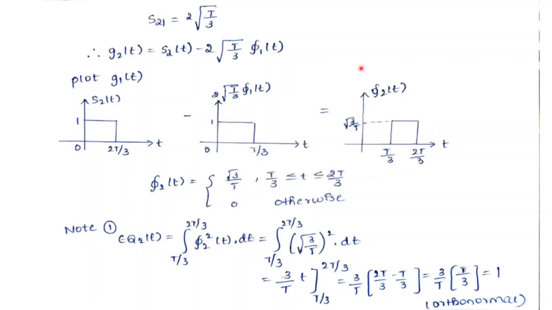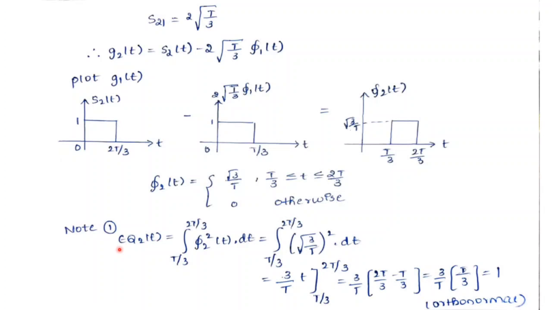So we get this as phi2 of t, that is root of 3/T from T/3 to 2T/3. From the above graph, we can write the equation of phi2 of t as root of 3/T for T/3 less than or equal to t less than or equal to 2T/3, and 0 otherwise.